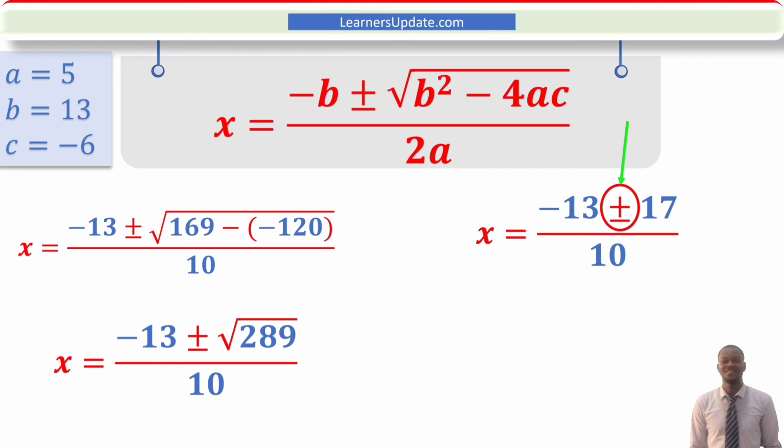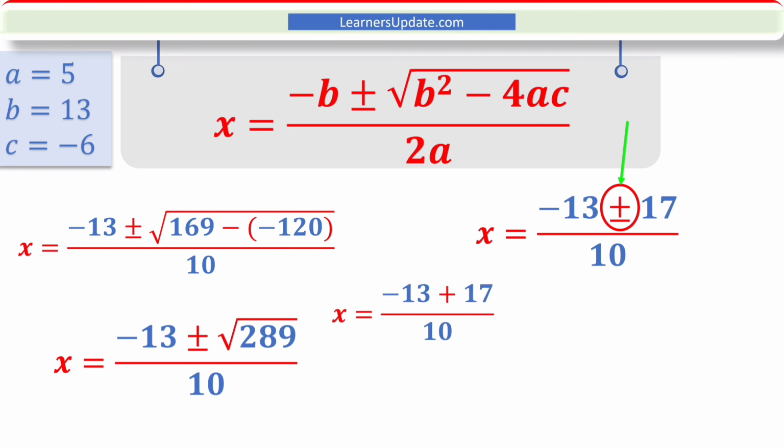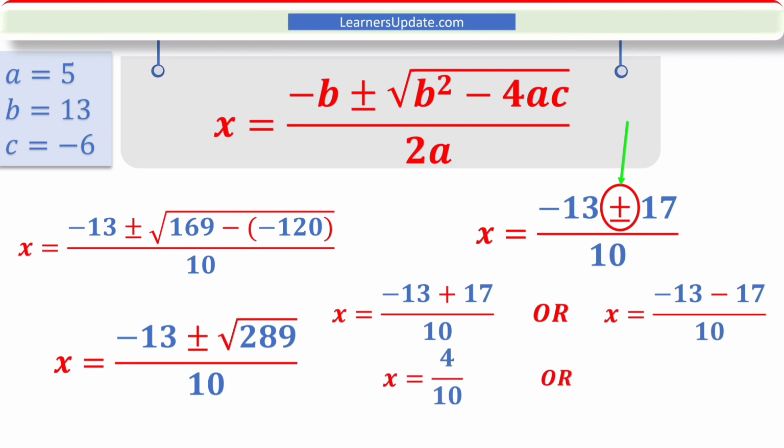There is need at this juncture to separate this sign into two so that we can clearly have our plus and then our minus. In doing so, x will give us 4 over 10 or minus 30 over 10. This will in turn give us x equals 0.4 or x equals minus 3.